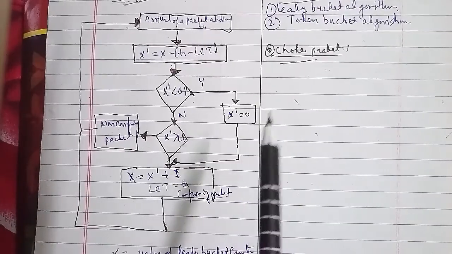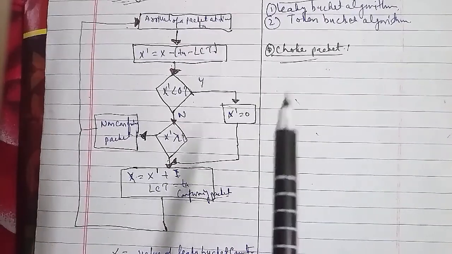Here is the choke packet that affects each hop it passes through.